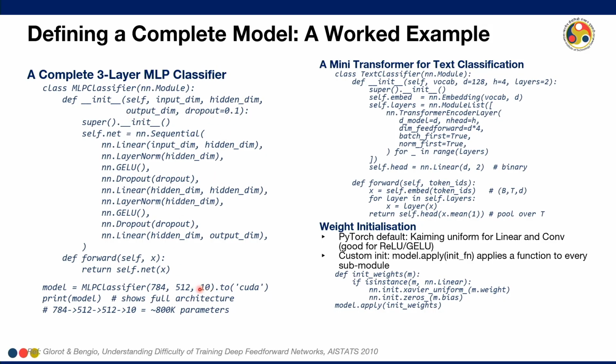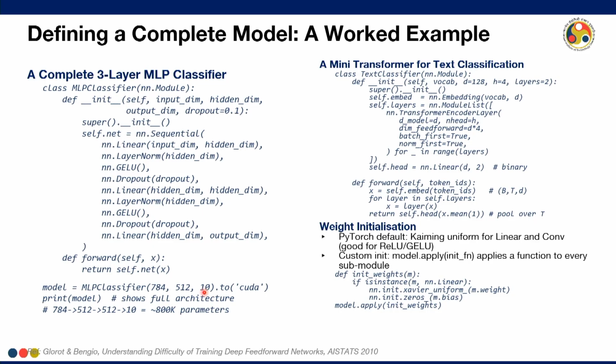The output dimension is 10, meaning our multi-layer perceptron has 10 classes to classify, the input is 784 and the hidden dimension is 512, and we are transferring this model to the GPU.